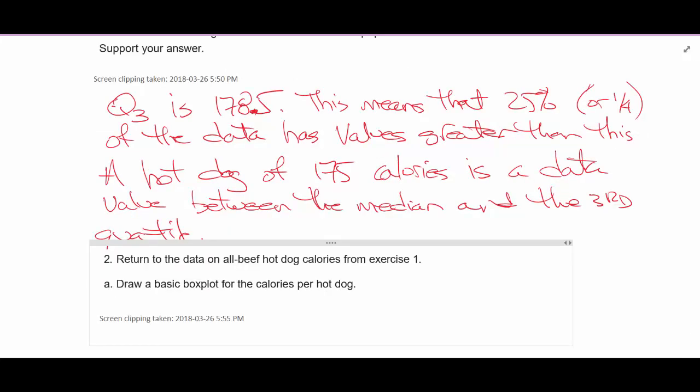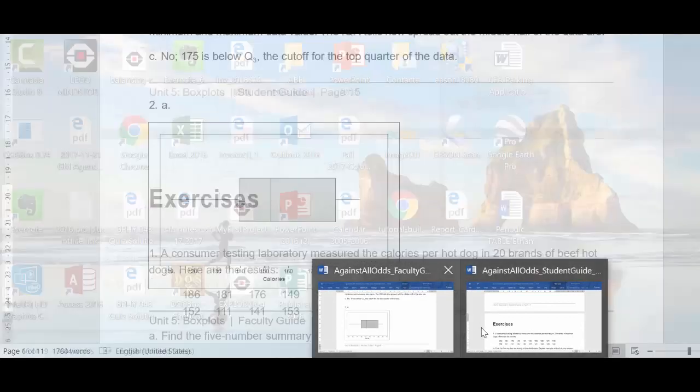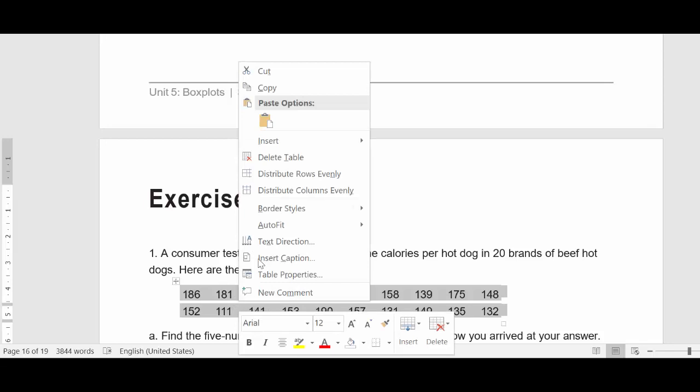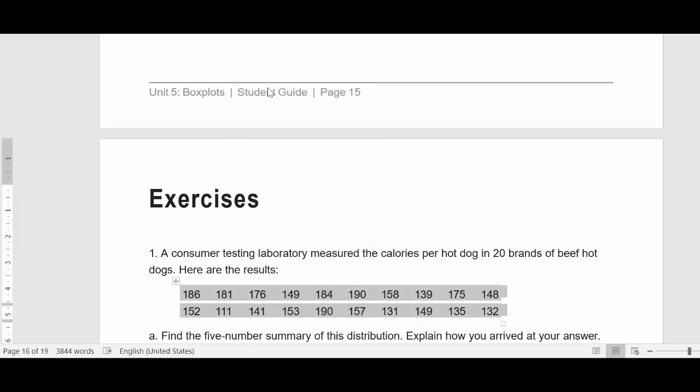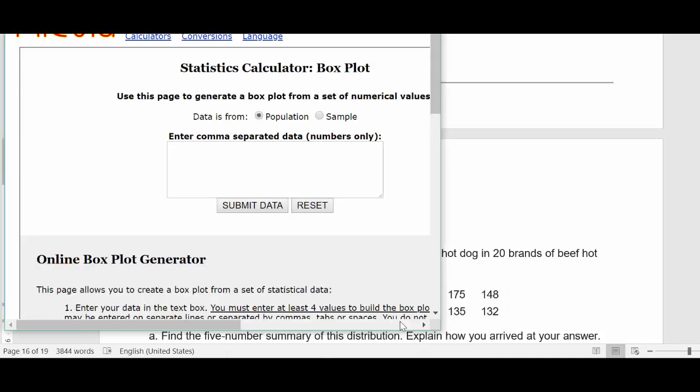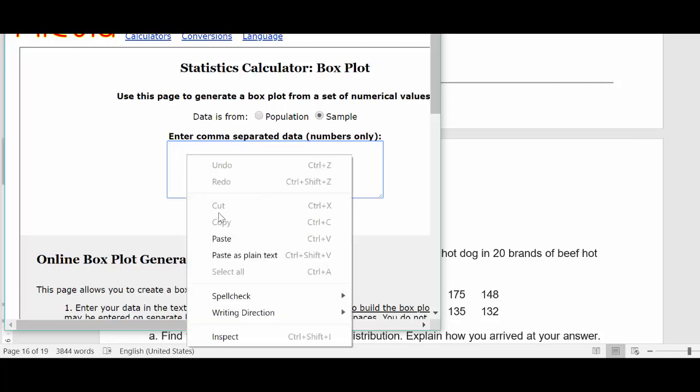Well, I'm going to use a box plot generator to draw a basic box plot for the calories per hot dog. So I'm going to go to my Word document. I'm going to highlight the hot dog caloric data. I'm going to copy it. I'm going to go to my box plot generator and select a sample, and I'm going to paste in that information.